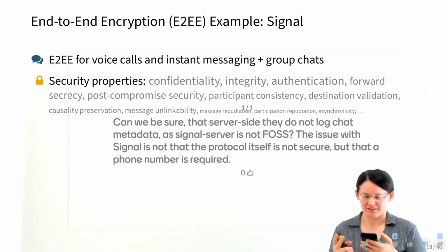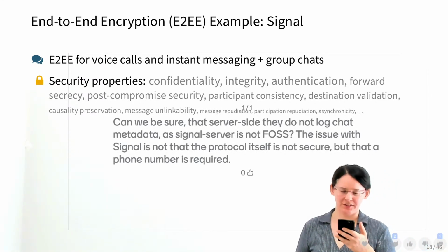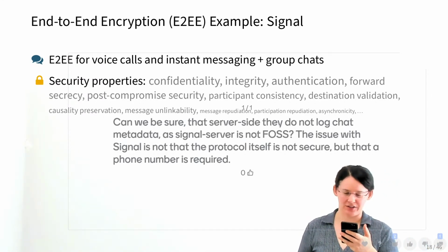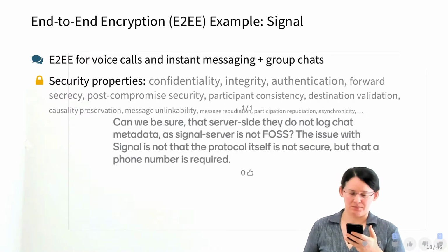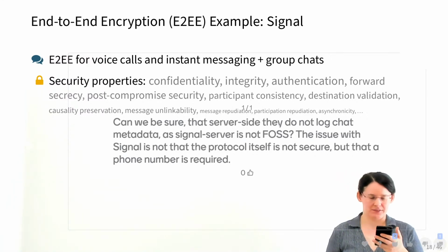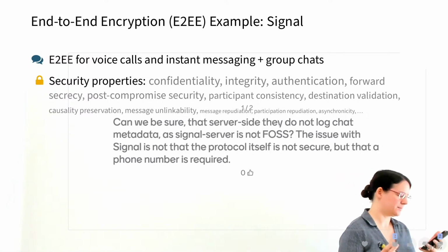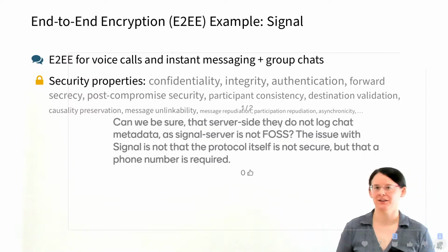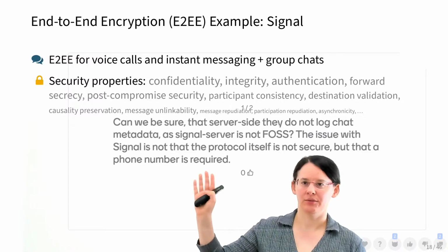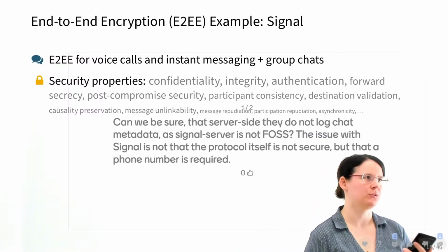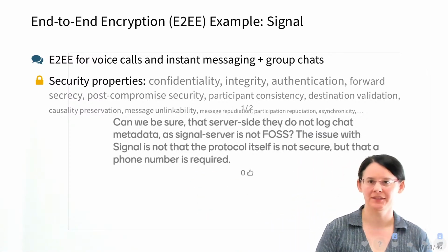Let's look at that. So somebody is asking whether you can be sure that server-side they do not log chat metadata, as the Signal server is not open source. That is correct. So it's not the issue that the protocol itself is not secure, but that a phone number is required. So somebody is pointing out here some limitations of Signal. You're right. So indeed, you need some things like a phone number, so you are sort of identifiable in there.